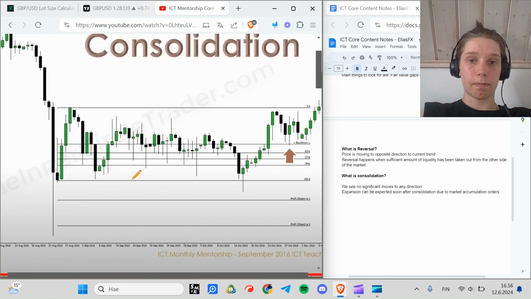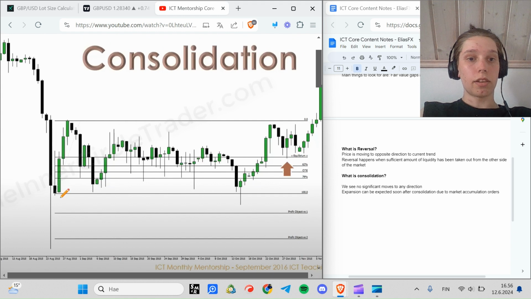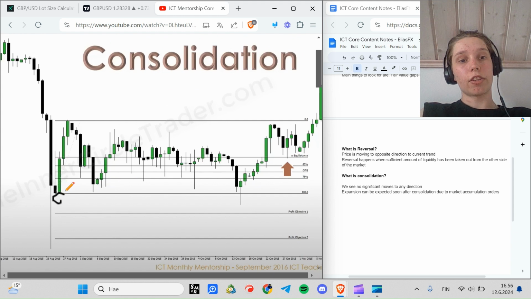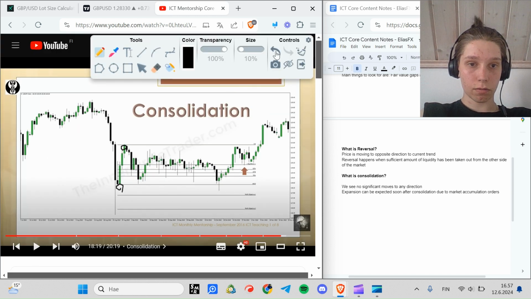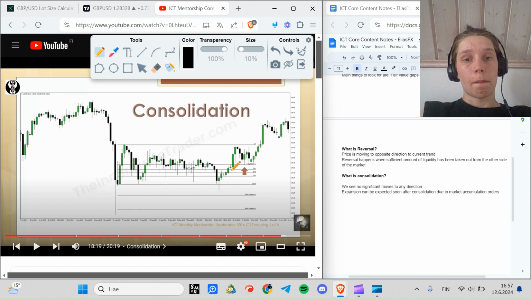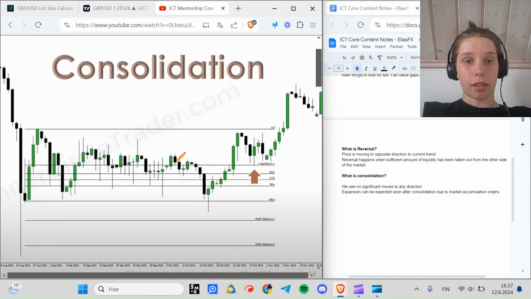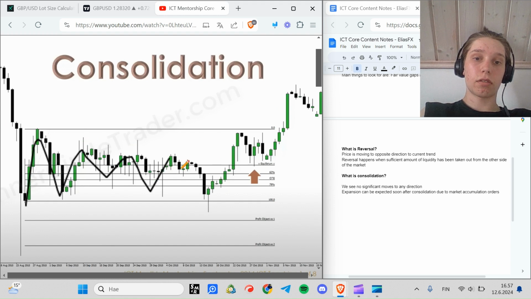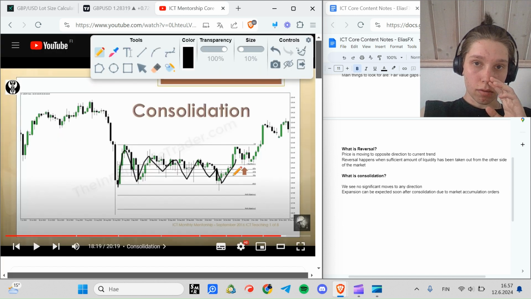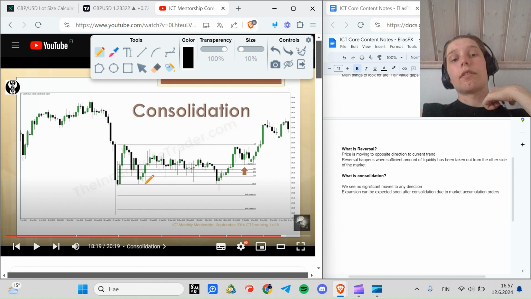Basically, this is the range low and this is the range high, measured from the bodies of the candles. Now you can see what's happening inside of here. Price is not leaving the range established. It's consolidating, not moving anywhere. That's the first thing. That's how you identify consolidation.